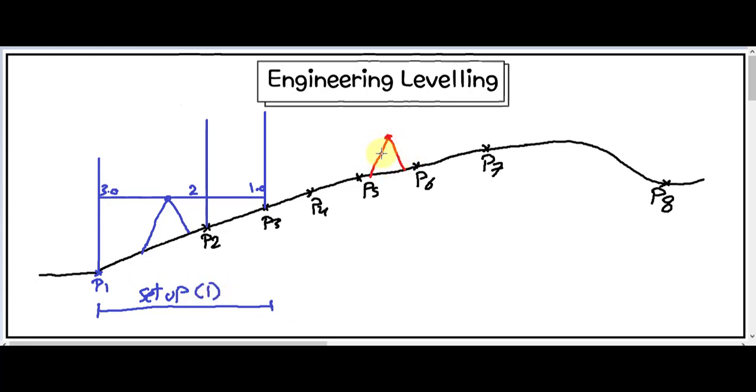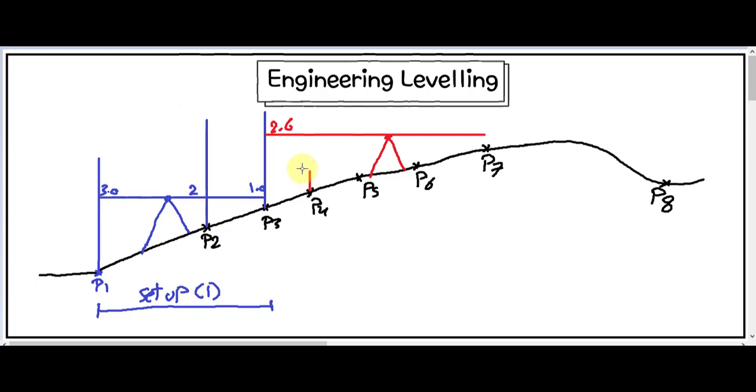In the second setup of the device, its reading should be linked to the first setup. Therefore, the last point of the first setup will be considered as the first point in the second setup. So the device will be directed to point 3 and we will read, for example, 2.6 meters.